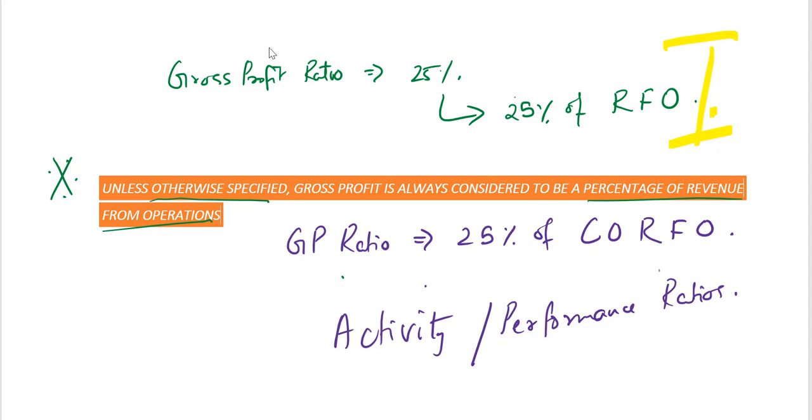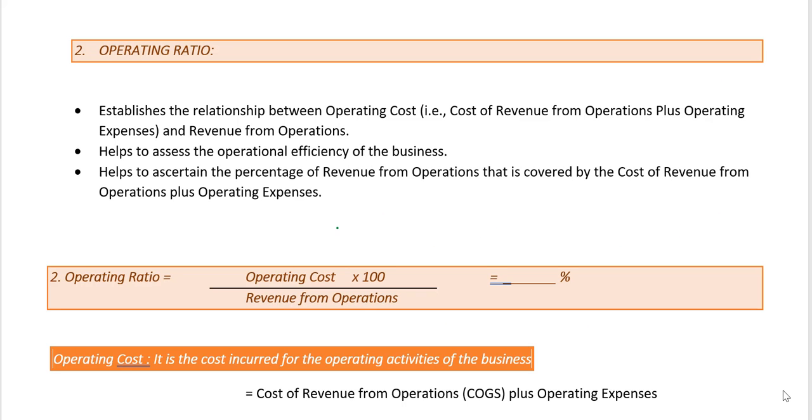Let's move on to the next ratio called the operating ratio. We'll move on to the second ratio called the operating ratio. It establishes the relationship between operating cost, which is cost of revenue from operations plus operating expenses, and the revenue from operations.